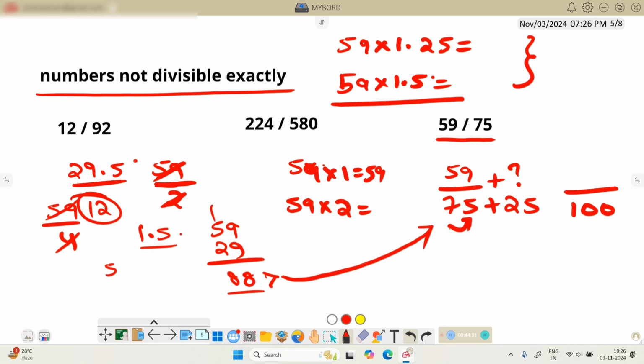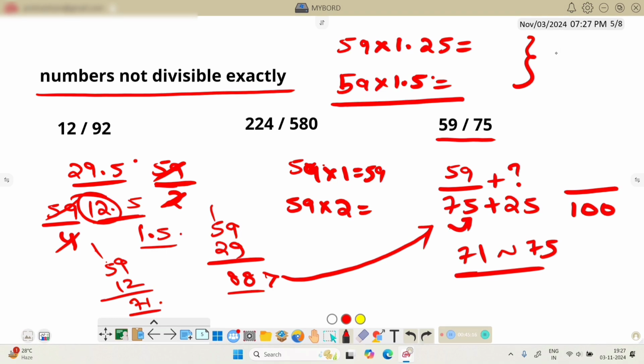And the decimal points you need not take, the nearer numbers you take. Okay, so 59 plus 12 is 71. So 71 is nearer to 75. Okay, so here I am explaining, so that's why it takes time, but if you practice more you can solve it in no time.